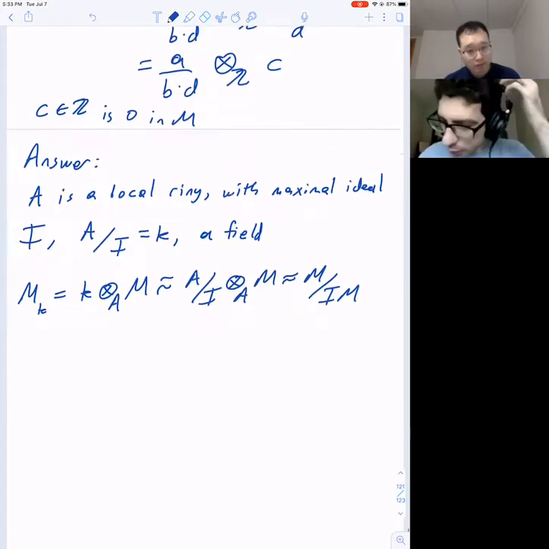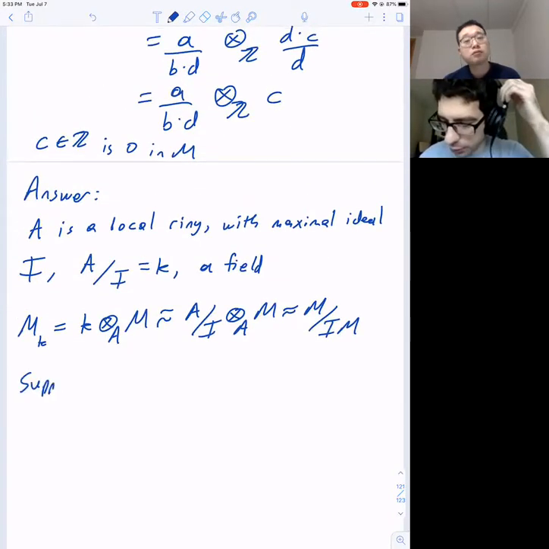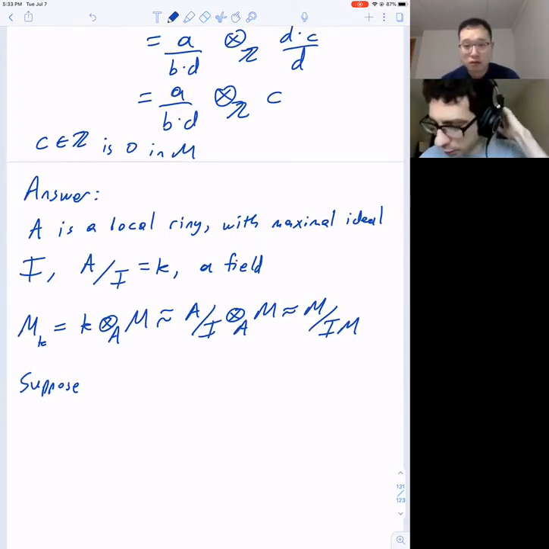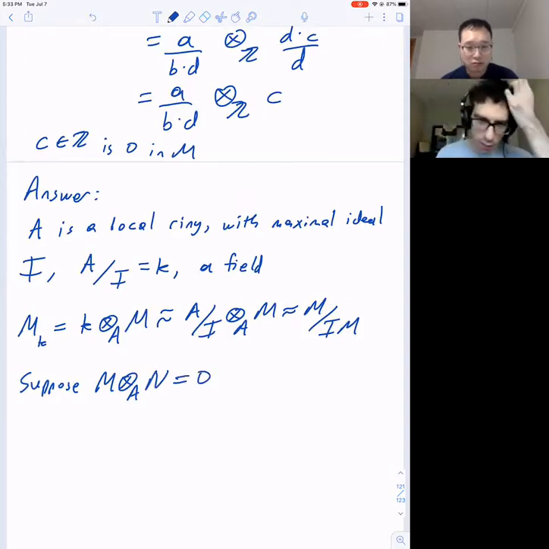So let's start with our question. Suppose that we have M and N, like in the hypothesis. Suppose the tensor product is 0.